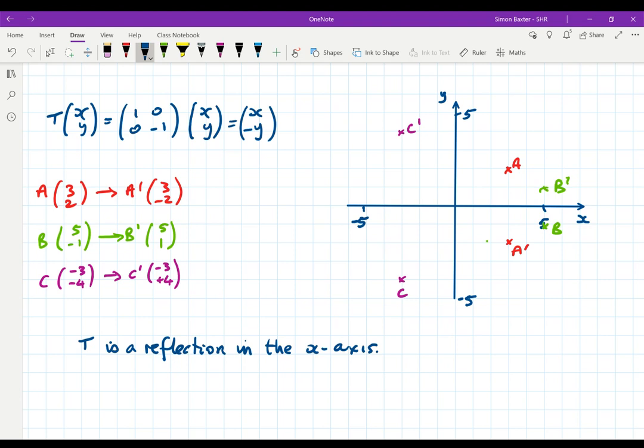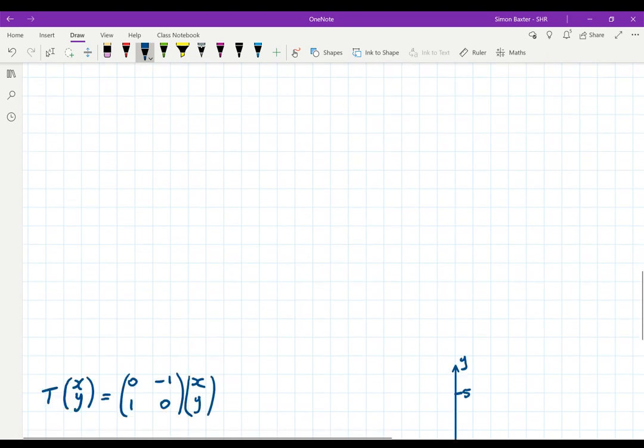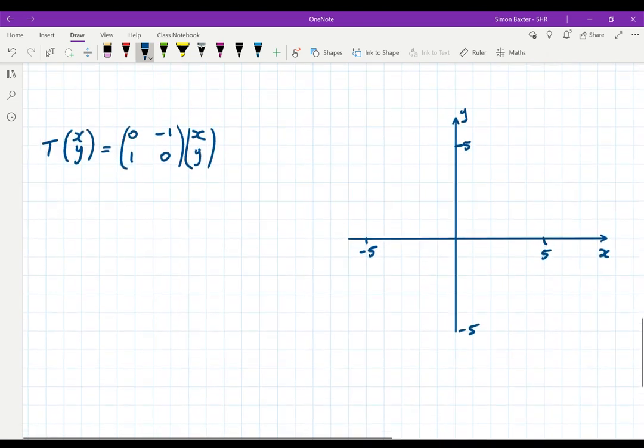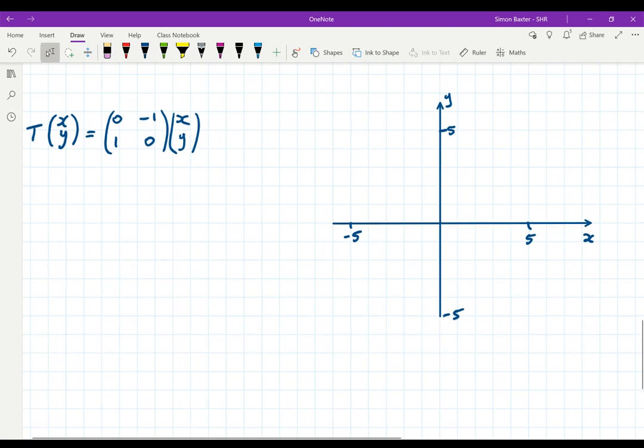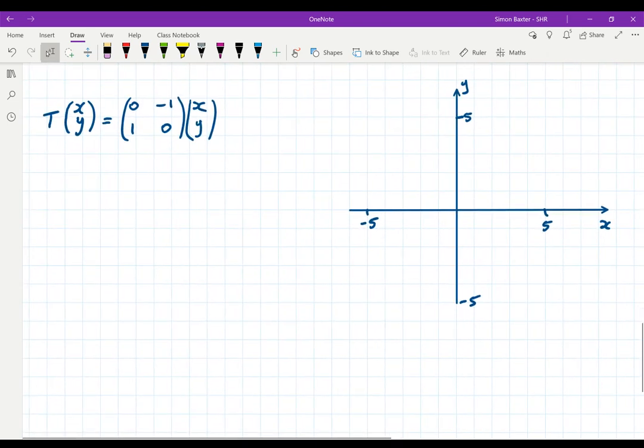Okay, we've got one more example to look at. This time I've got the matrix [0, -1; 1, 0]. If we multiply those together, we'll get 0x minus y, so that's just minus y, and 1x and 0y.